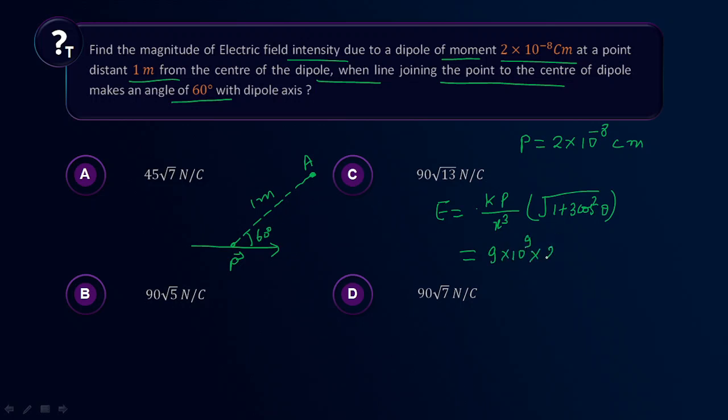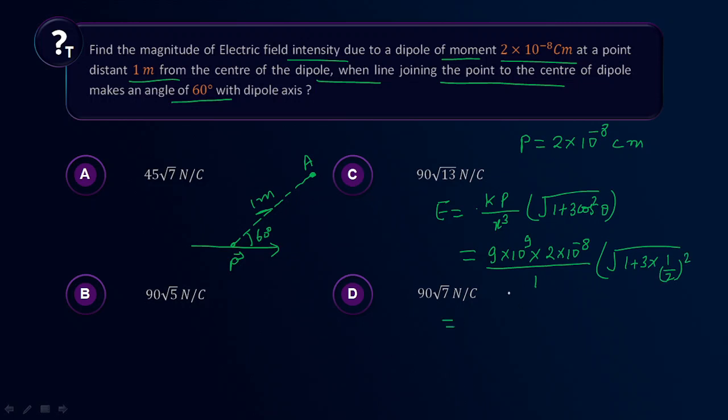P is 2 into 10 to the power minus 8 divided by x cube. X is 1 meter only, into root under of 1 plus 3 cos square theta. Now cos 60 is how much? Cos 60 is 1 by 2. So 1 by 2 square.